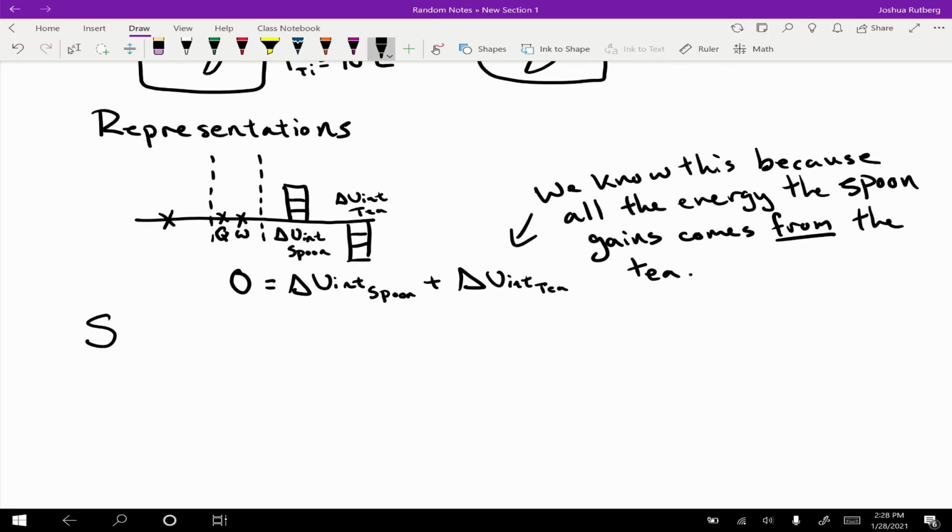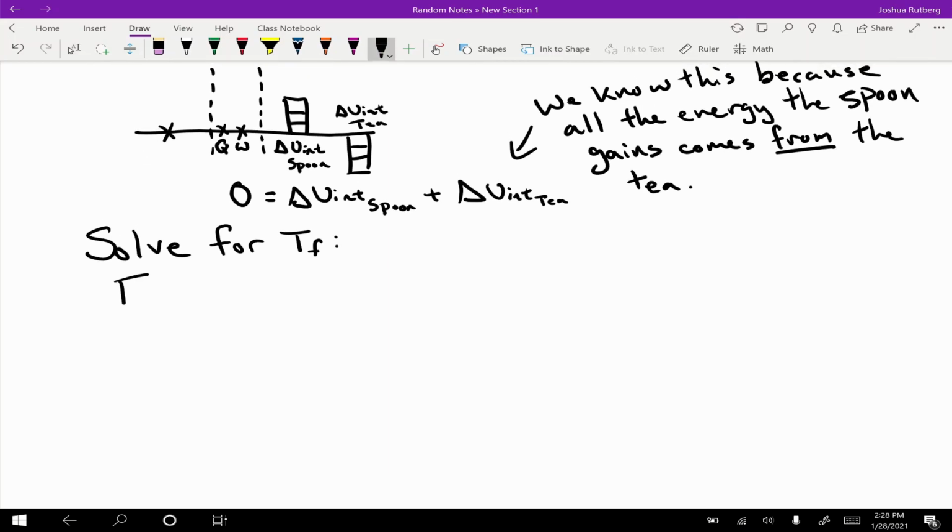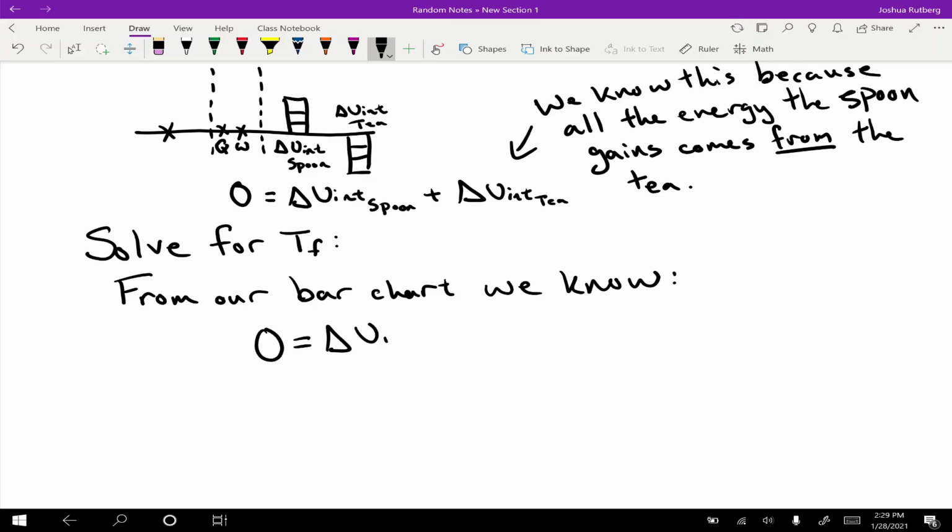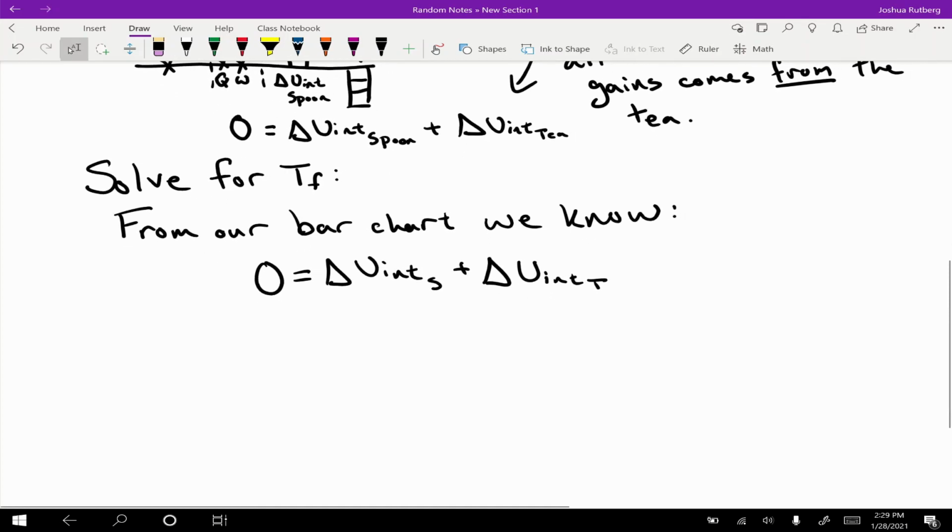So now we can solve for that final temperature. From our bar chart, we know that 0 is equal to the change in the spoon's internal energy plus the change in the tea's internal energy. And we also know that this change in internal energy is coming from a change in temperature, not a change in phase.